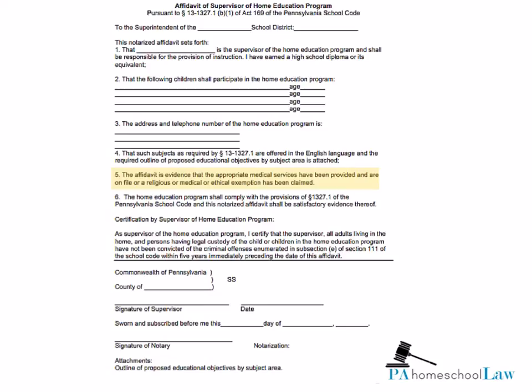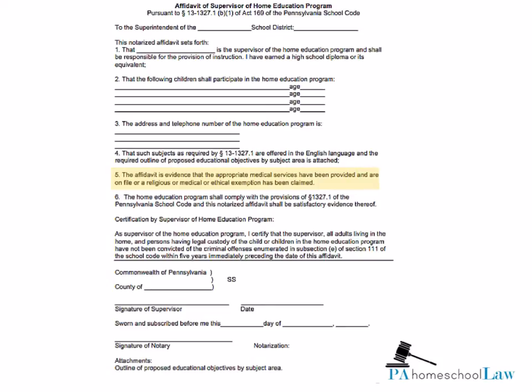So let's look at the affidavit form that's available at the PAHomeschoolLaw.com website. You'll see that the language of the averment related to health services provides for records to be kept at home or on file with a physician and/or a religious exemption. It states, quote, that the affidavit is evidence that medical services have been provided and are on file, or a medical or ethical exemption has been claimed.